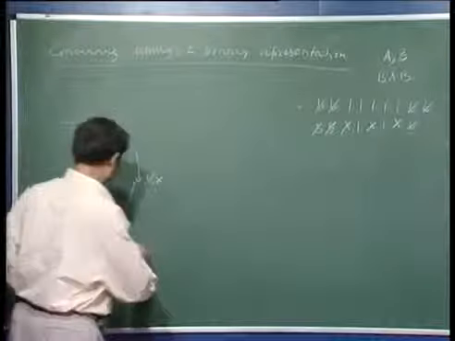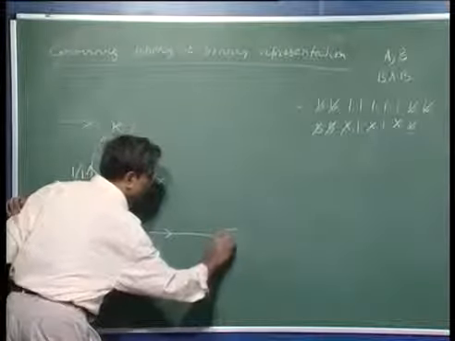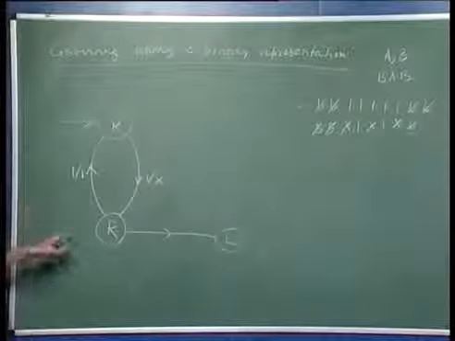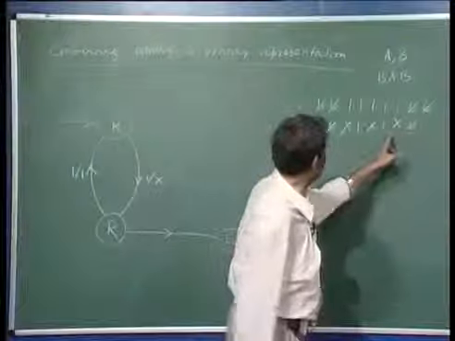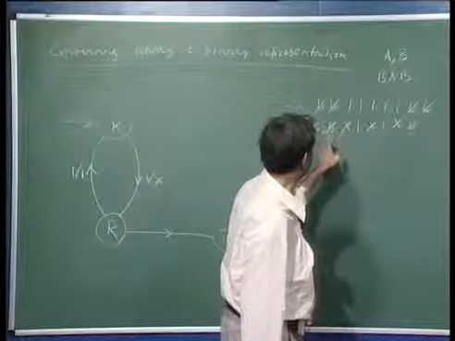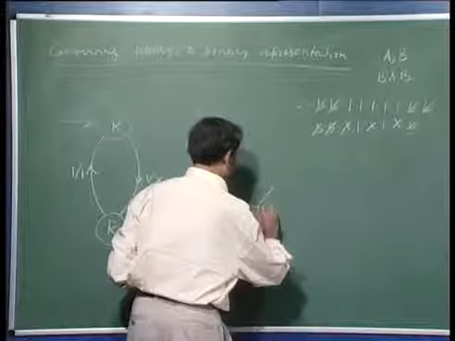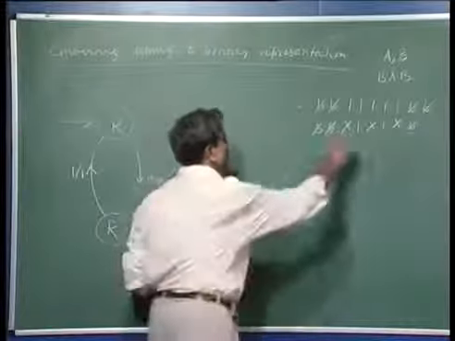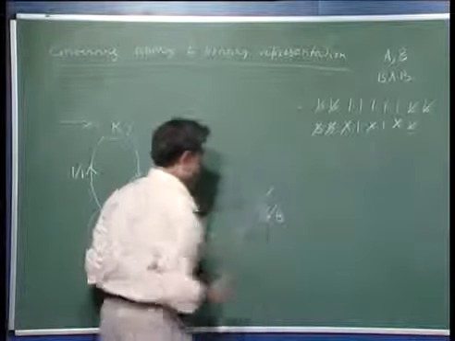So it keeps on now moving to the left, and as it moves to the left, it just keeps on moving to the left. When it reaches a blank symbol here, it will convert it to B. Why B?